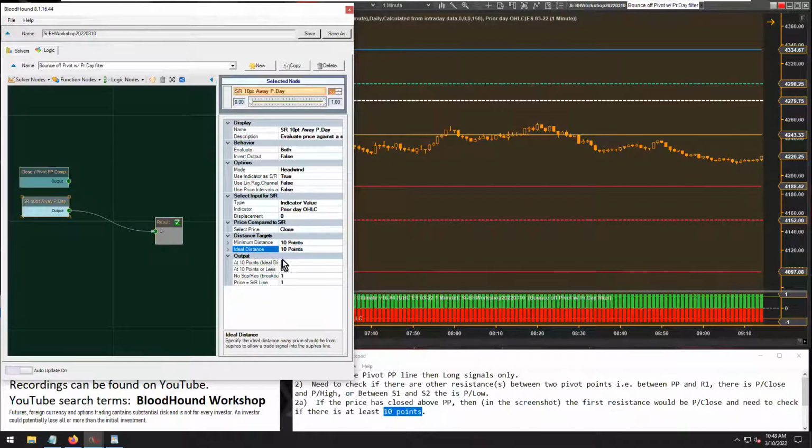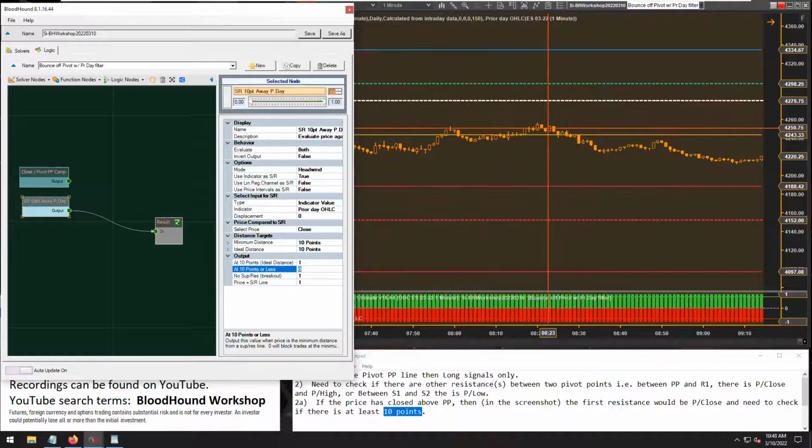And now let's check the outputs here. All right. So if the closing price is at 10 points away, then we want an output. If it's at 10 points or less, no, we don't want an output. So in other words, if we're at 10 points or less, then there's not enough distance away to trade into one of the prior day lines.